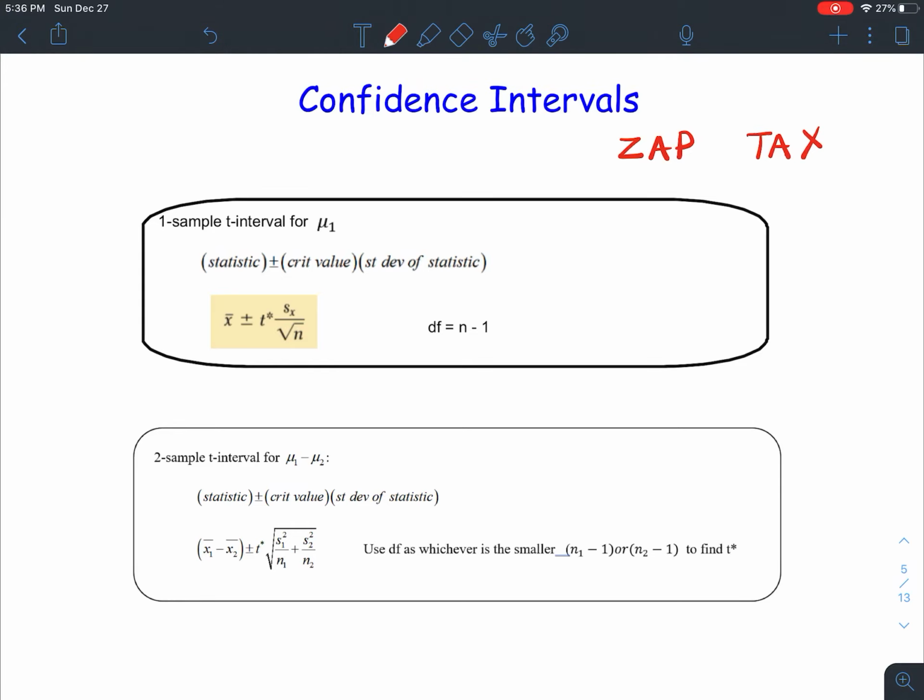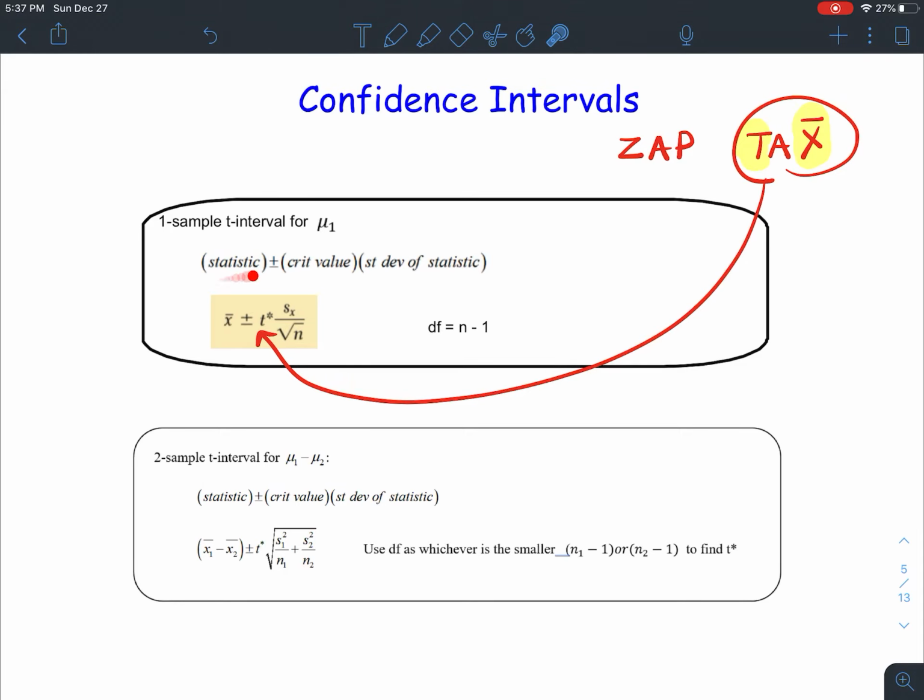The acronym was ZAP-TAX. And the X in tax had a little bar over it to designate that any time we're dealing with means, we are using t-scores, we are not using z-scores. Z-scores are exclusive to proportions, and t-scores are used with means.